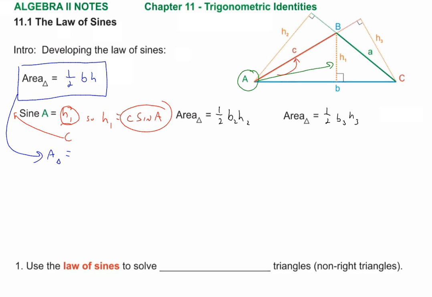The half is the half. The base is the base. But let's put this in for the height, right? So you get C sine angle A. So the area of the triangle is 1/2 base, or B, times C sine A.